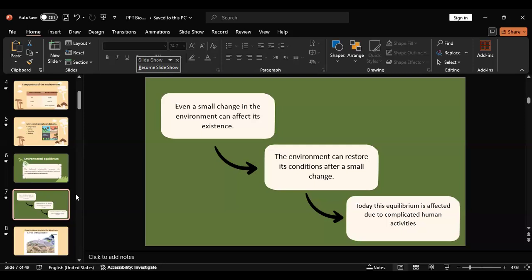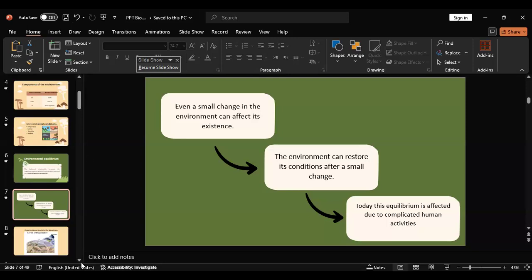But today, human activity affects the ecological equilibrium. So in this unit you will further learn about these activities which affect the environmental equilibrium, and the ill effects of human activities on equilibrium, later in this lesson.